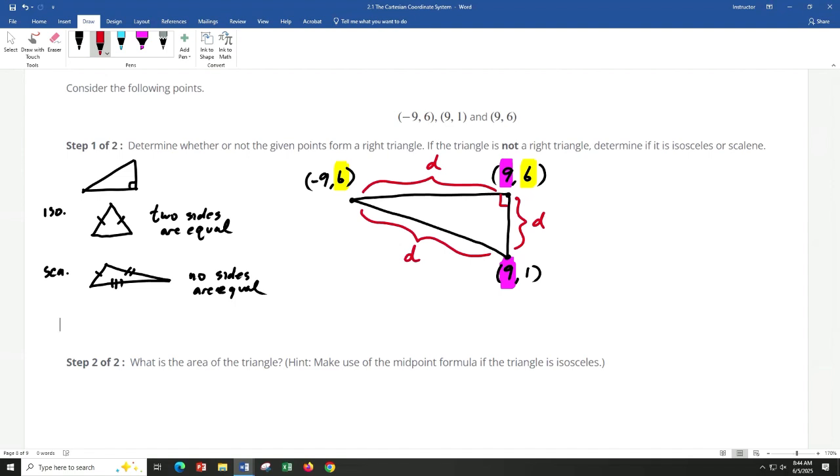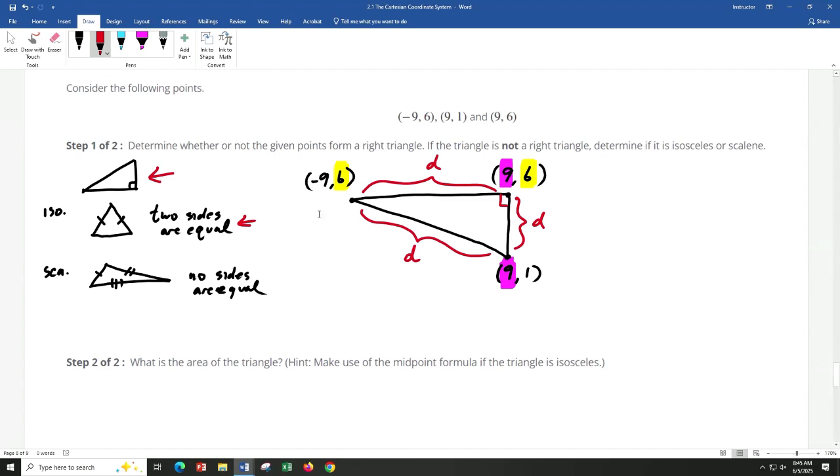Because remember, this one doesn't specify a distance. This one specifies it being right. We can tell that by our picture. But for this one, if I get two distances that are equal, I've got an isosceles. If all my distances are different, I have a scalene. Does that help you out a little bit?